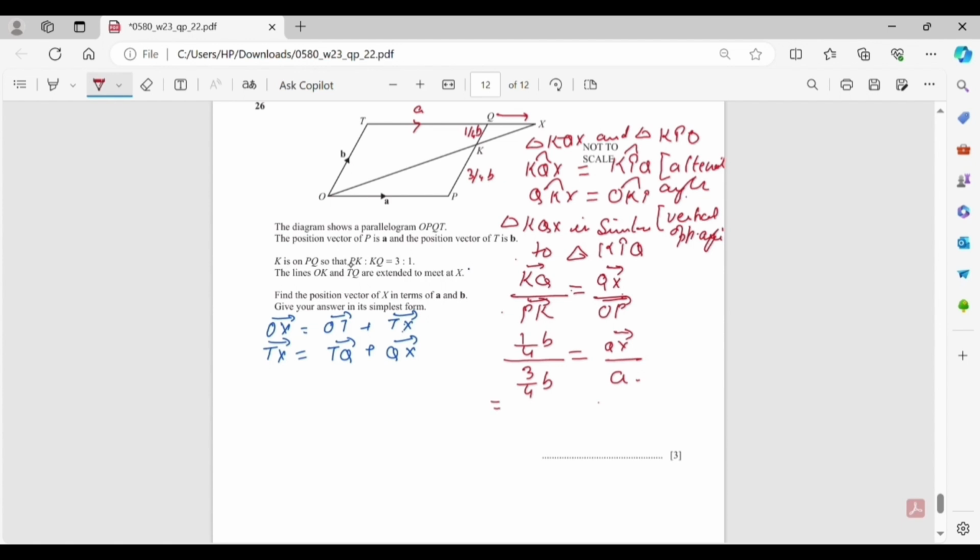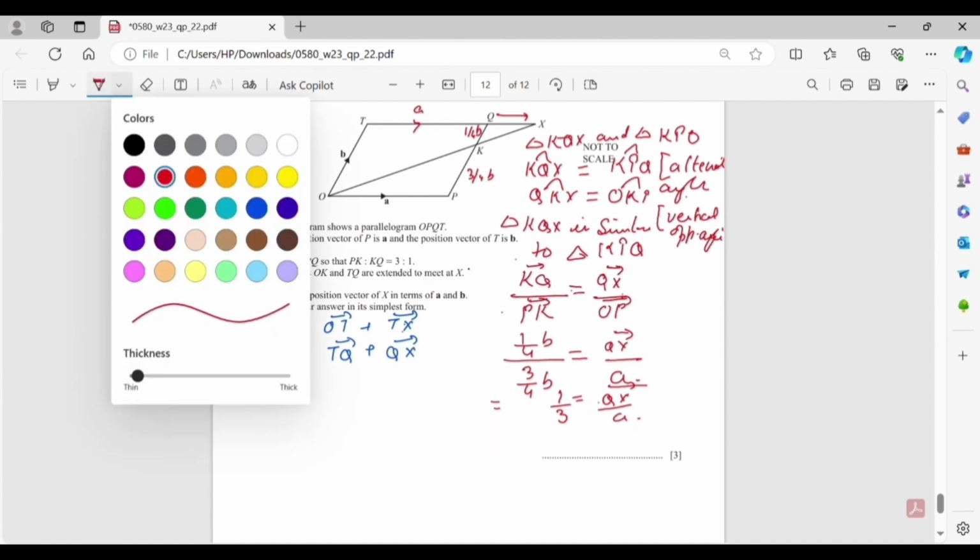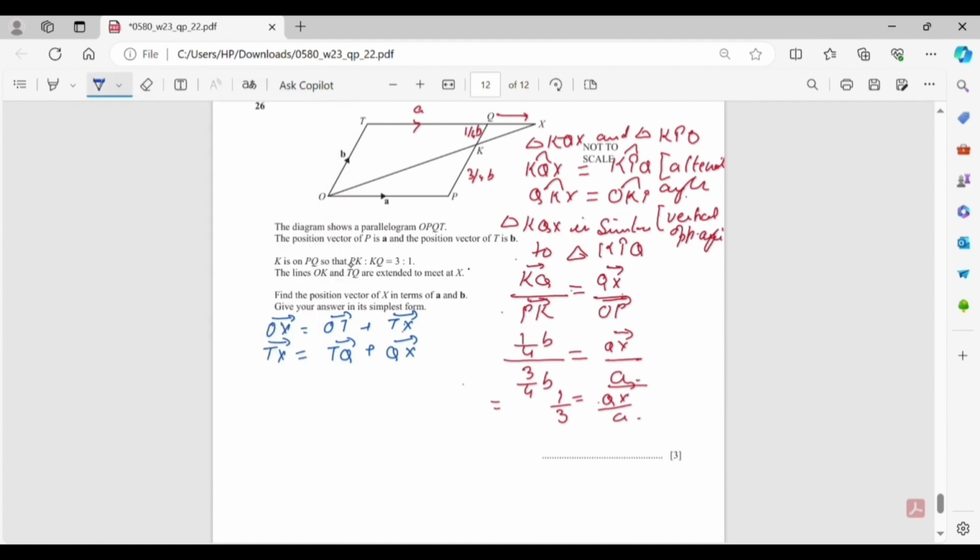This is 1 by 3, equal to QX over a. So vector QX is equal to 1 by 3 a.